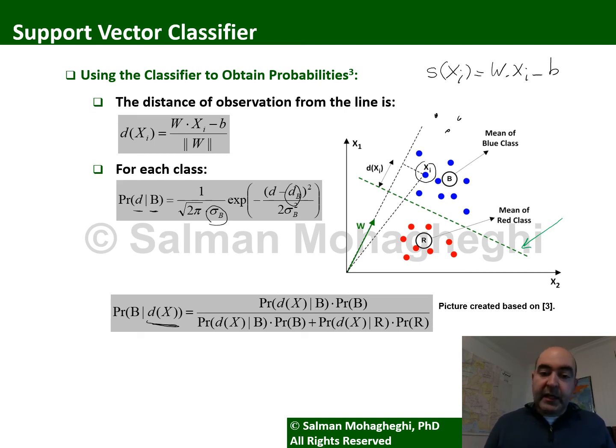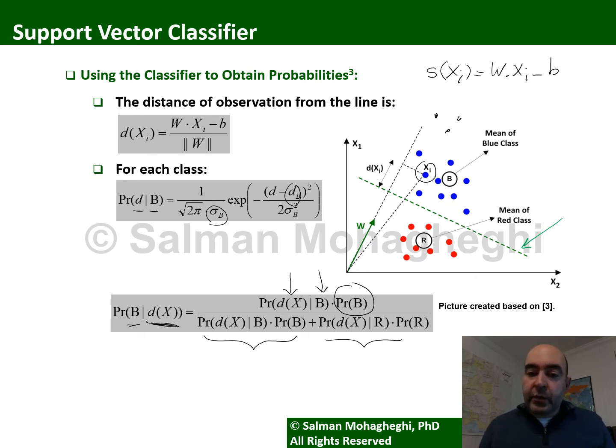Then the probability that x belongs to class blue, given that its distance from the decision boundary is d of x, would be the probability that I get that distance d of x provided I belong to class blue, times the general probability that I belong to class blue, divided by the same thing for class blue and for class red.